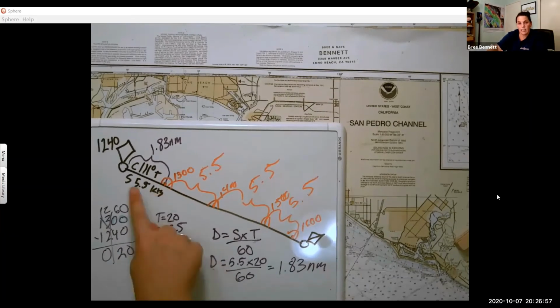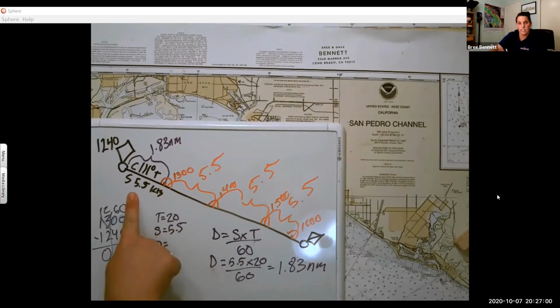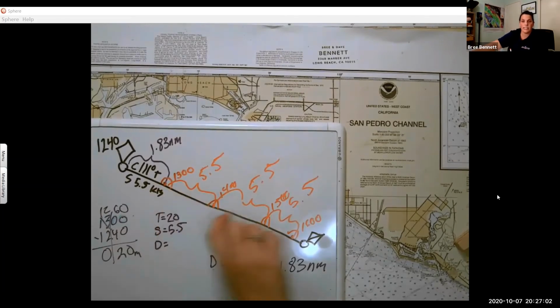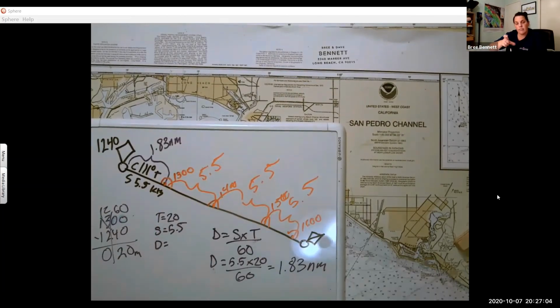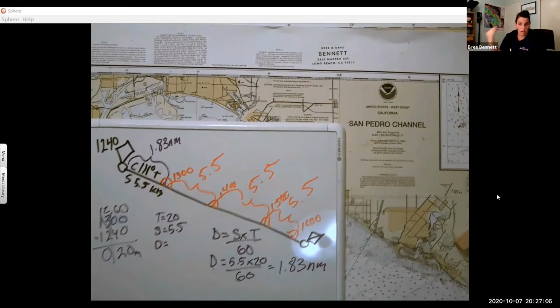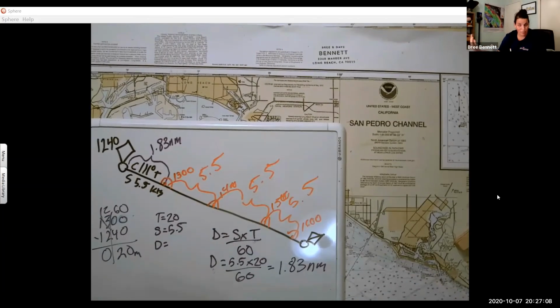So we had to calculate our first little section of the DR, but then our hourly DRs after that are relatively easy because our speed is in nautical miles per hour. So in 1 hour, we would travel 5.5 nautical miles.